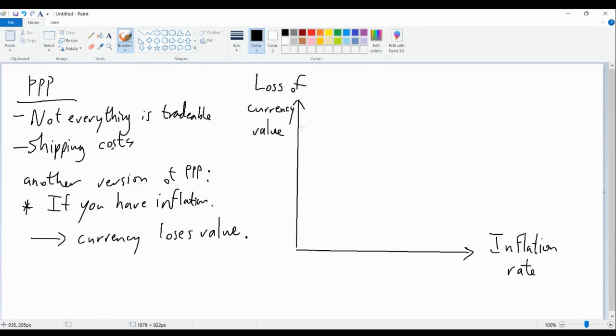What would we expect to see if purchasing power parity is true, or this version of it? If a country experiences an inflation rate of 1%, what would we expect its currency to do relative to some benchmark? We would expect it to lose 1%.